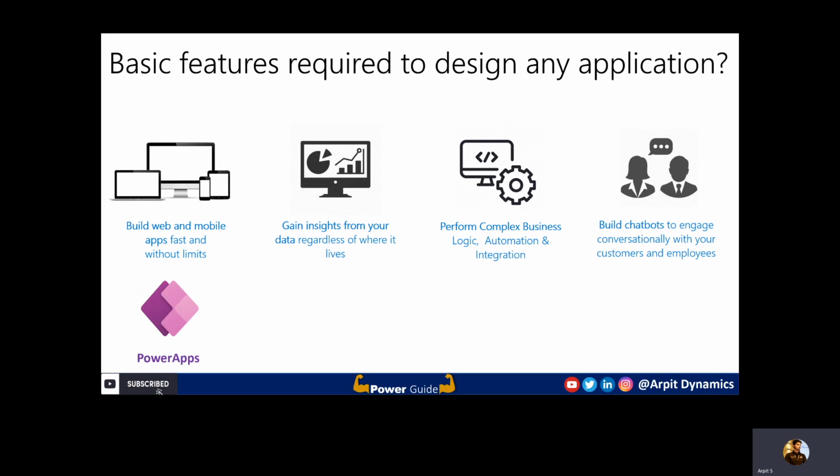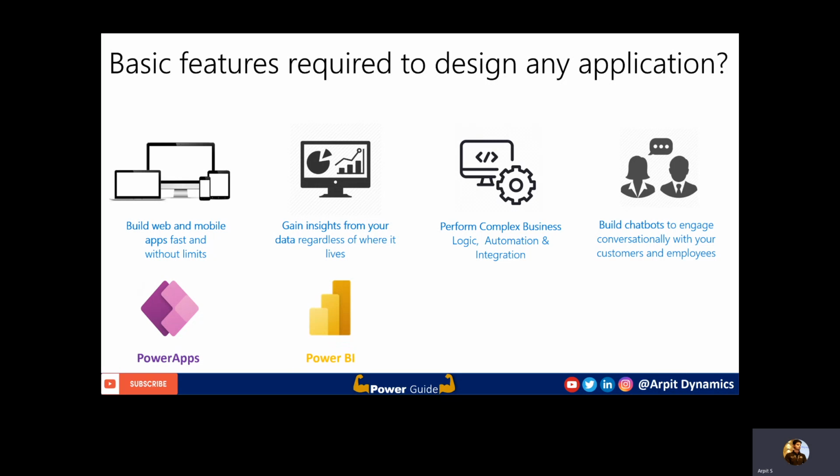A business process flow is used to guide your user on what they have to do next. Business rules we use to perform complex validations. We have other features like forms, views, security rules, dashboards, and reporting. So Power Apps comes with these out-of-the-box features, along with AI capabilities as well.